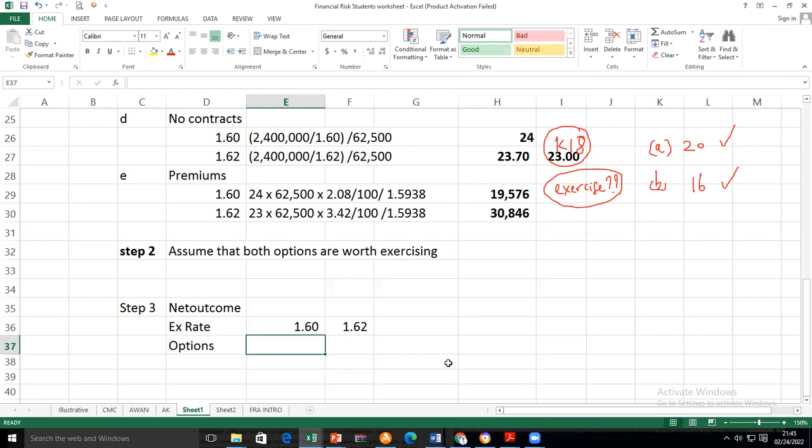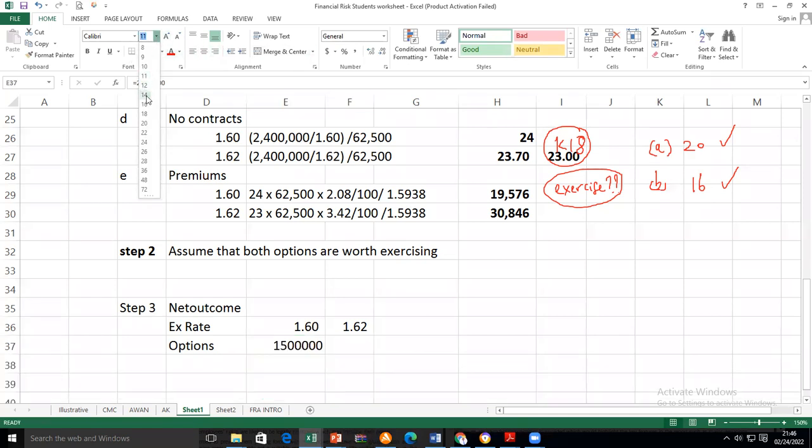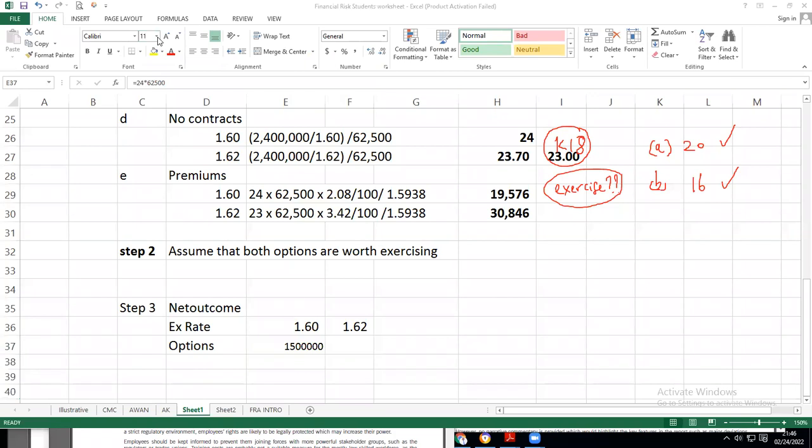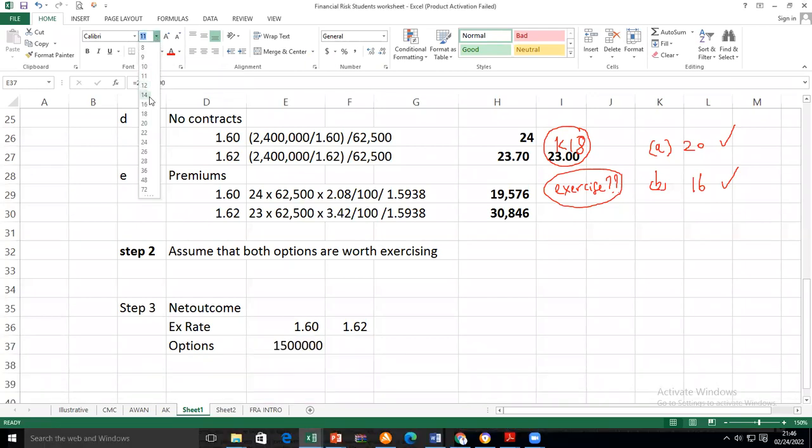So how many pounds are here in the first one? These are 24. So you multiply 24 by 62,500. There we are. So this is the amount of pounds that you are going to surrender in this particular case.